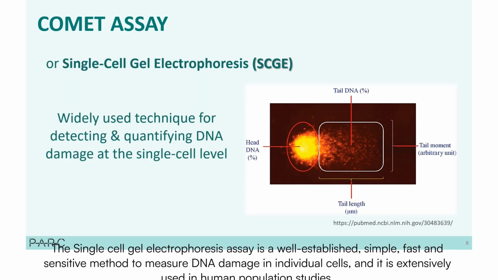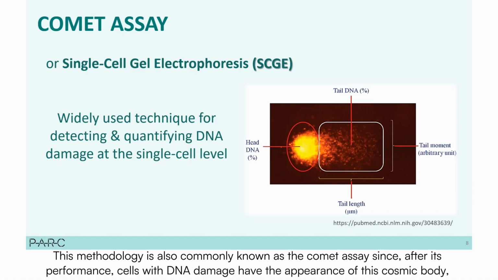The single-cell gel electrophoresis assay is a well-established, simple, fast, and sensitive method to measure DNA damage in individual cells, and it is extensively used in human population studies.